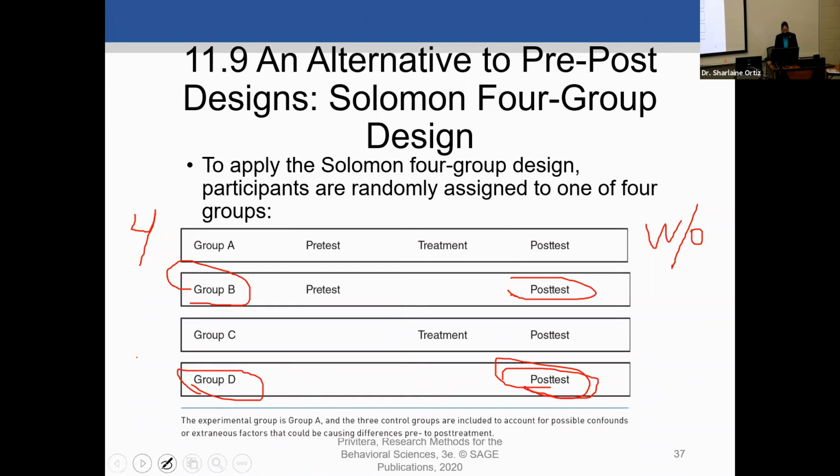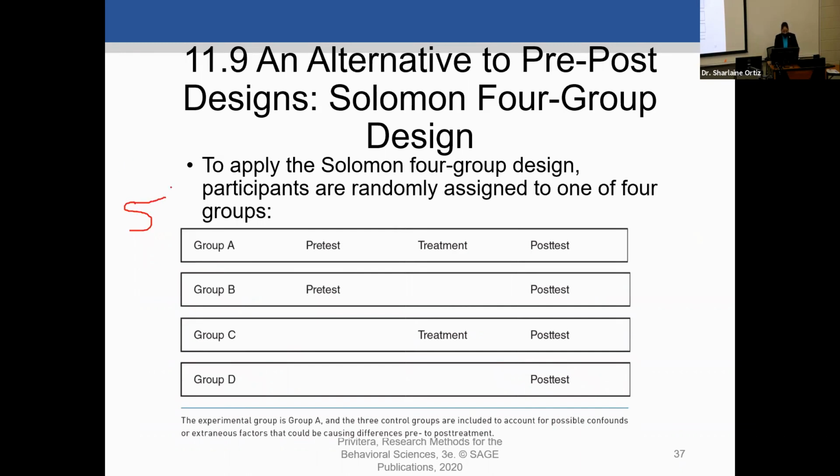And lastly, the fifth comparison that this technique allows me to look into is comparison number five. Here, what we're trying to do is compare the differences on the post-test scores for group C and group D in regards to the post-test scores of group A and group B. And why is this comparison significant?